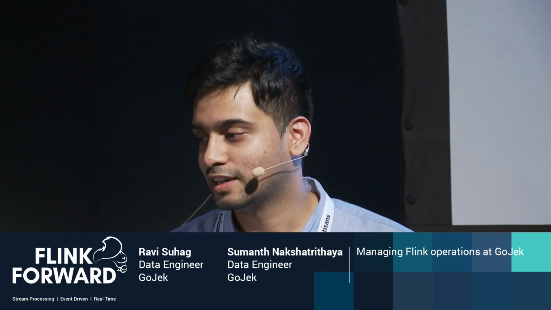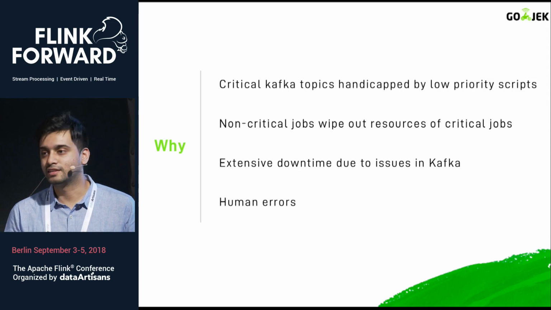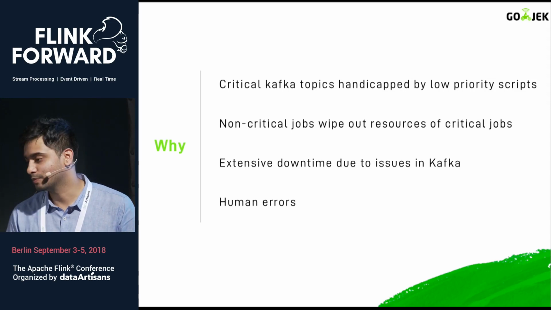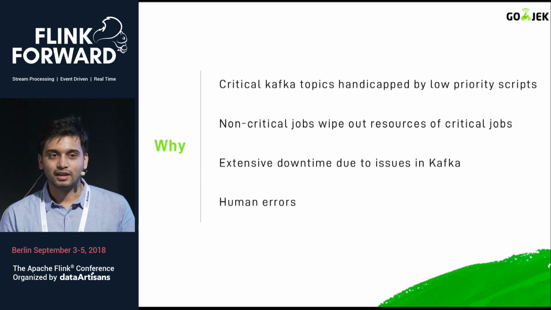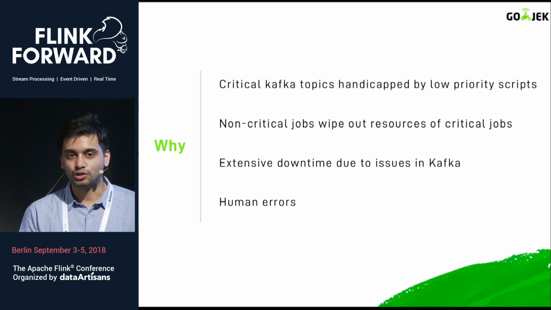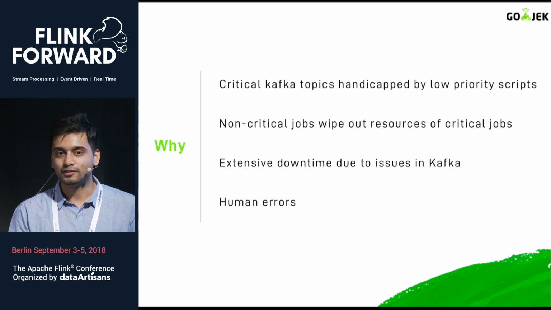So if we had just one Kafka cluster, the other topics on that cluster would suffer. Maybe they have some transactional topics. So this is an undesirable outcome. And what if a non-critical job ends up taking more resources and forces the yarn cluster out of resources for something which is critical?